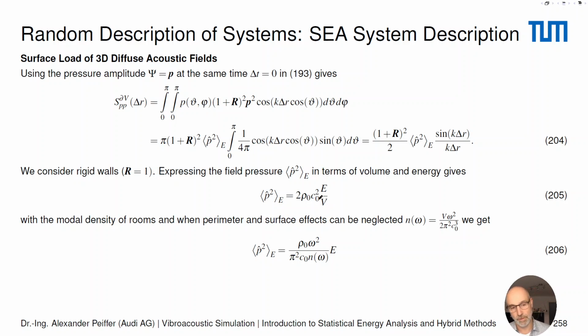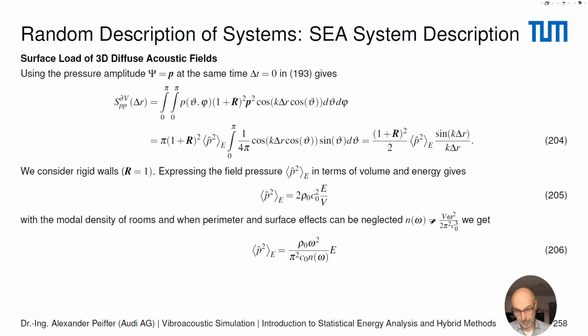We have to get rid of this volume. However, we can express the volume in terms of the modal density. And if we take the simplified version of the modal density expression for three-dimensional subsystems, it's given by this. So we are neglecting all the surface and perimeter extensions that correct this modal density formula, which is okay because all this can also be done when we assume a perfect diffuse sound field.